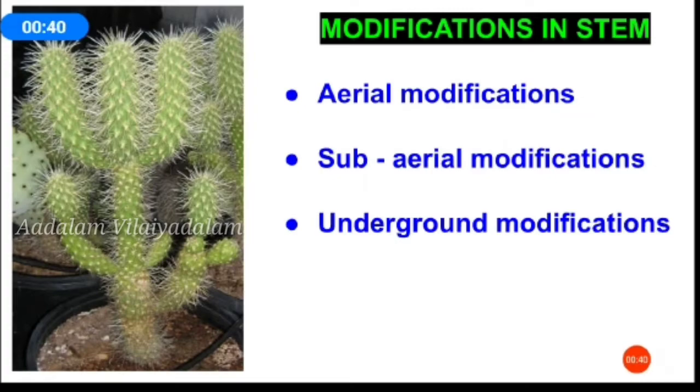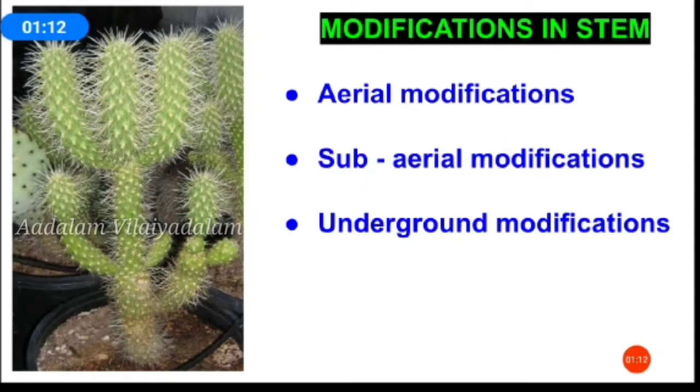In some plants, the stem is modified to perform other functions such as storage of food, support, vegetative propagation, and protection. Vegetative propagation is the asexual reproductive method. So, for storage of food, support, vegetative propagation, and protection, the stems are modified.